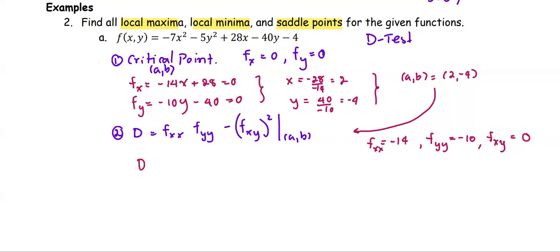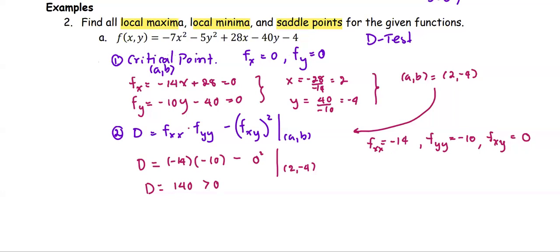So the quantity D equals f xx, which is negative 14, times f yy, which is negative 10, minus f xy to the power 2. After that, we replace with the point (a, b), which is (2, -4). In this case, D is the positive value 140.